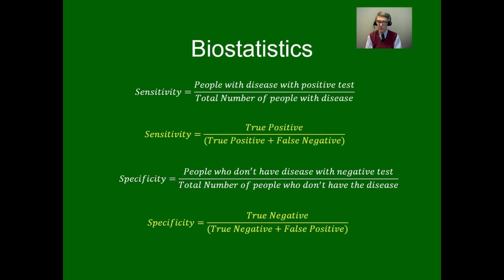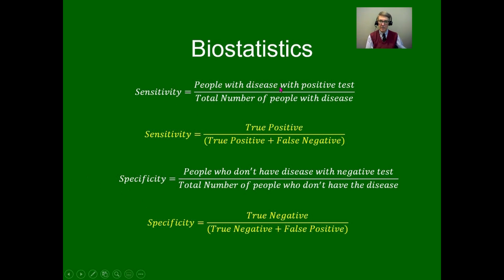Now, I just want to make a little comment about biostatistics here because I find that the ANA is incorrectly applied many times. It is not a very good screening tool. It's more useful in patients that autoimmune disease is found in order to classify them as lupus. And just a reminder of what sensitivity and specificity means.